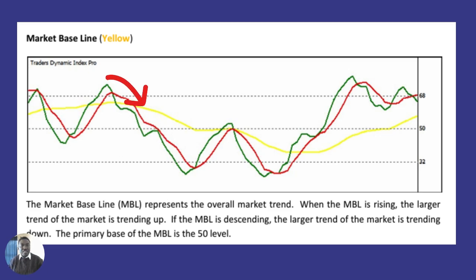The yellow moving average is the 32 moving average, which in its computation considers about 32 past candles before coming up with the current trend, which gives you a long-term trend in the market compared to what the green price line and the red signal line are showing you, if that makes sense to you.